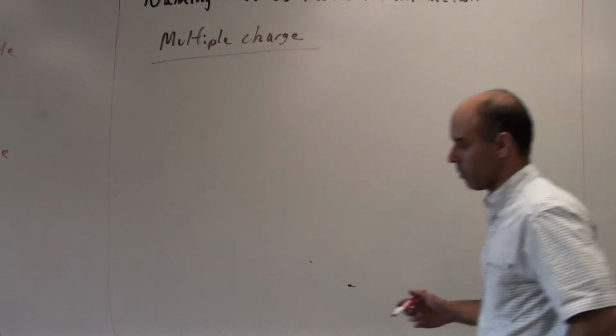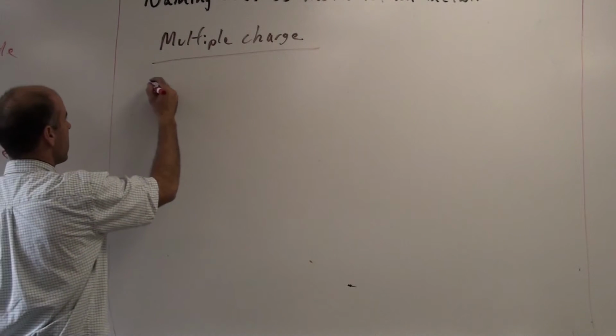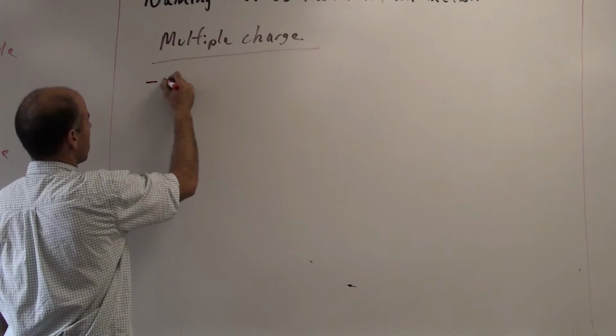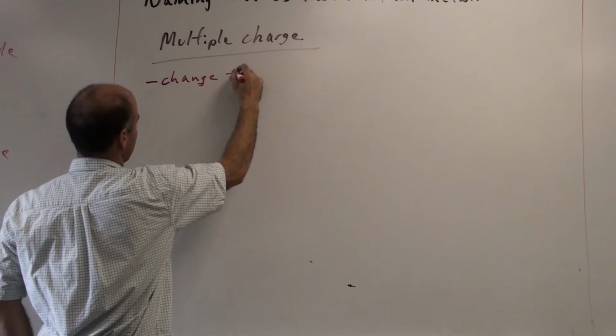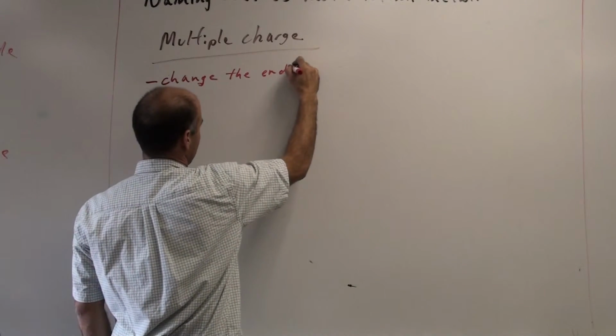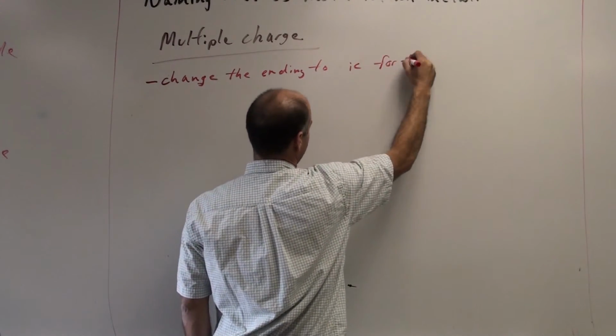And basically how it works is for elements that have multiple charges or multivalence, you change the ending to ic for the higher charge.